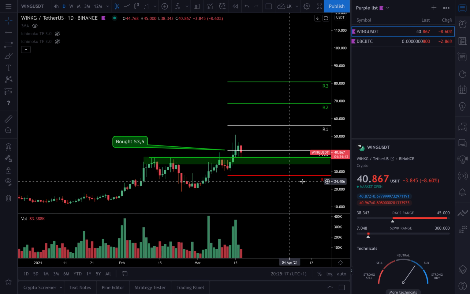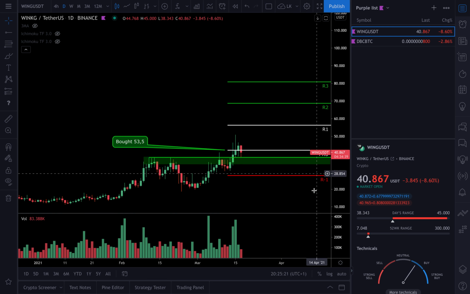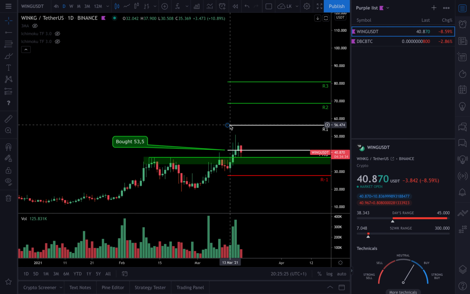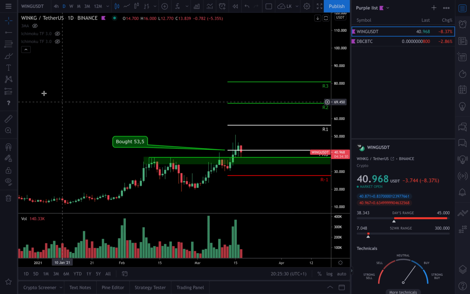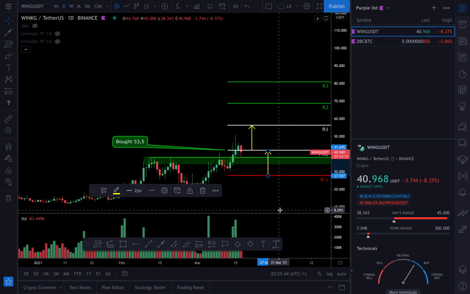My stop loss is called R-1, as you can see right here. And the level above my stop loss is R1. For you to understand what R1 is, it's simply what we call a unit of risk. The distance between that space and that space, as you can see if I copy, is the same.